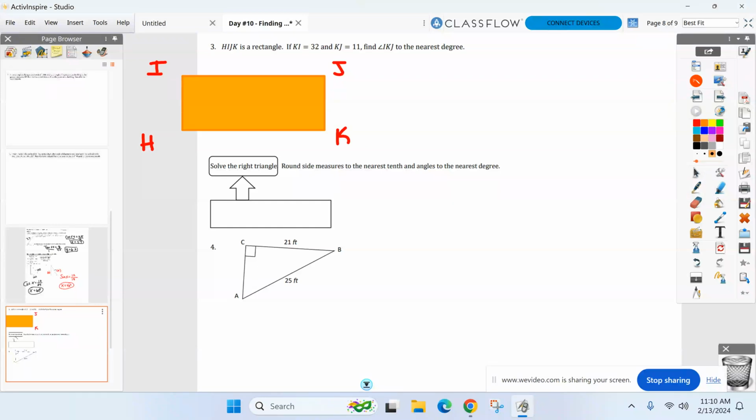All right, KI. Ooh, what am I drawing in right now for KI? What's this called again? A diagonal, thank you. Is 32. KJ, ooh, is 11. What is angle IKJ?